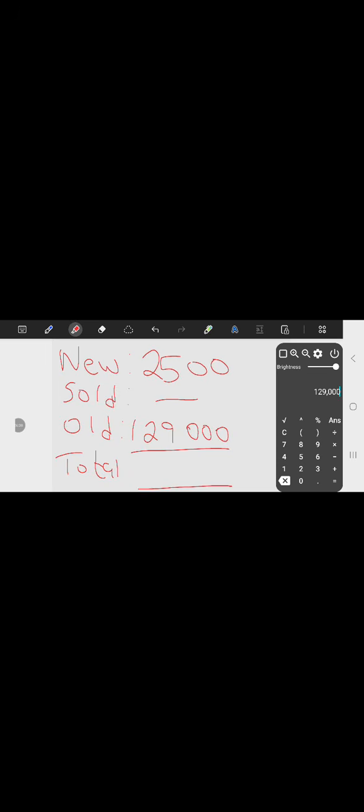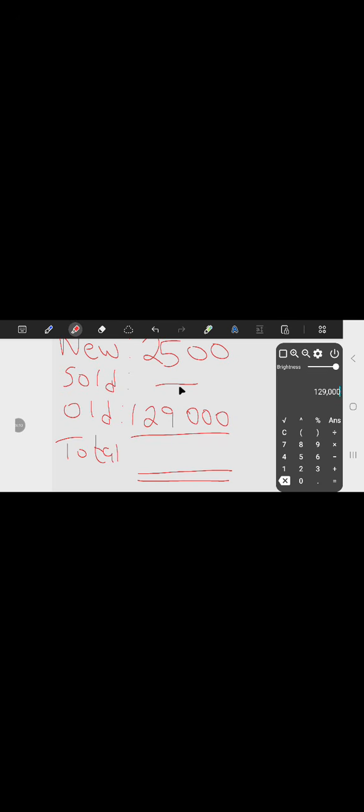And our total depreciation now is going to be 129 plus 2,500, which is 131,500. Now, this one is when we are doing it normally.